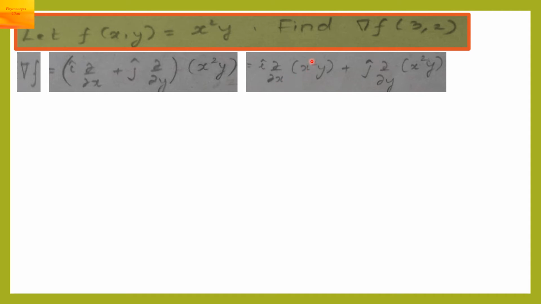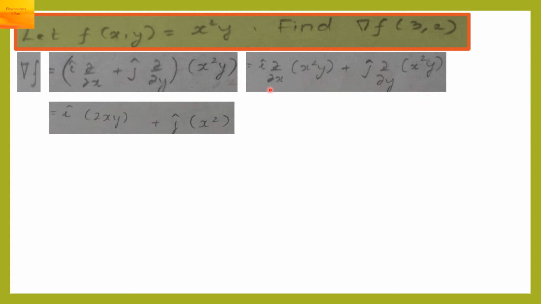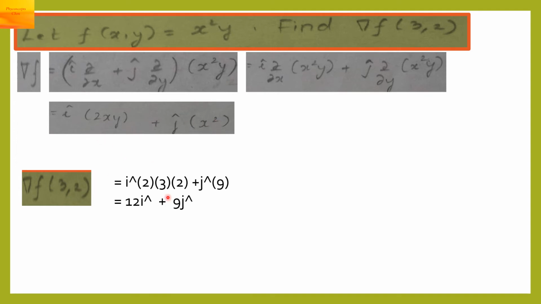You are differentiating x square with respect to x, so that is 2x, y remains just like that. Here we differentiate y with respect to y, that will be 1, so only x square remains here. Next we have to substitute the coordinates x and y. x is 3 and y is 2, so that is substituted here in this step, and finally you get the vector 12i cap plus 9j cap.